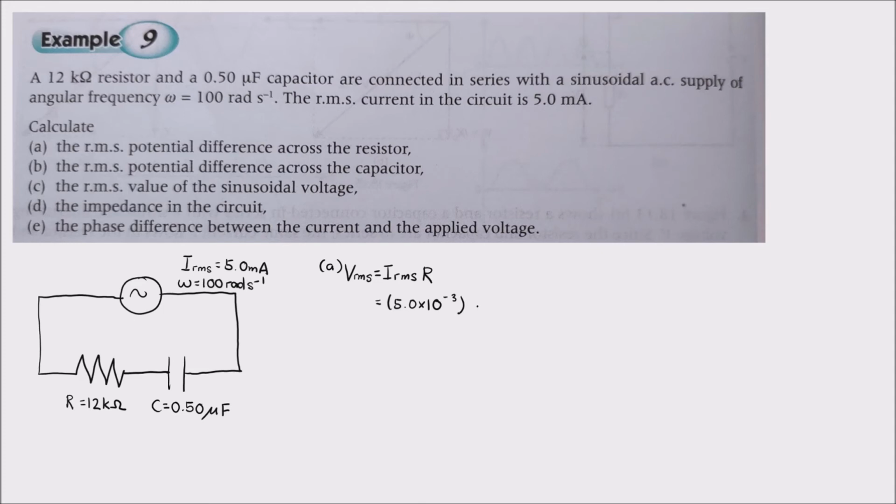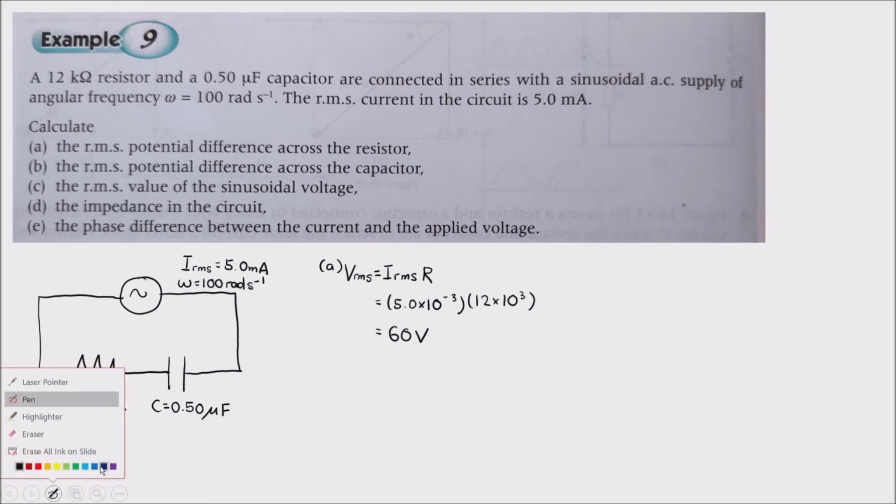Our resistance is 12 kilo ohm. If you multiply these two things together, you should get 60 volt as your RMS voltage across the resistor. So this is what you get if you put a voltmeter across this resistor. Then your answer will be 60 volt.